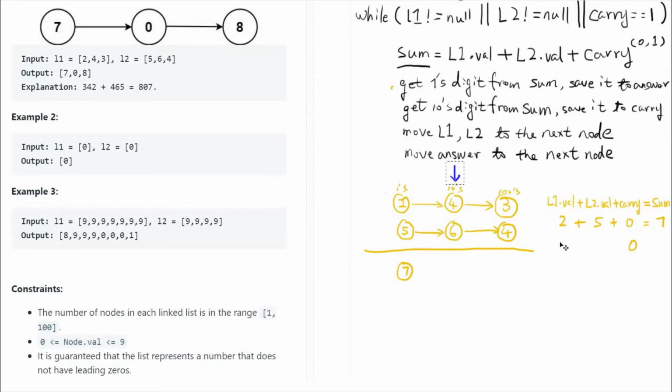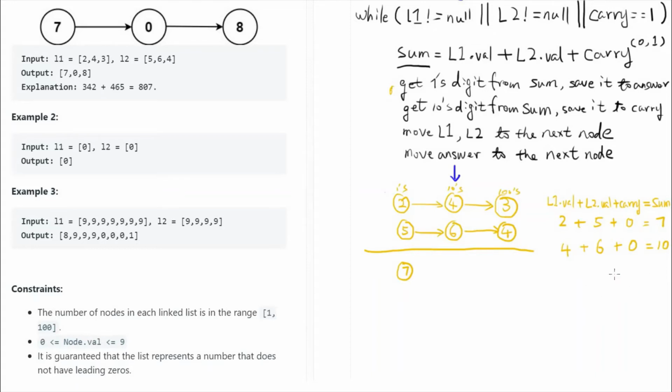Now, the value for the first list is 4, and the value for the second list is 6. And it gives you the sum as 10. So our next step is to get the first digit from the sum.